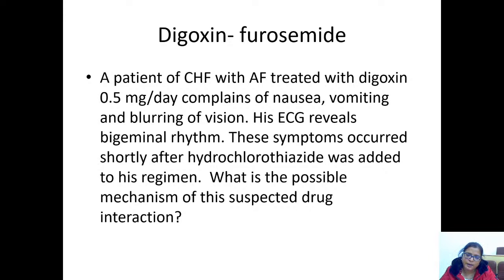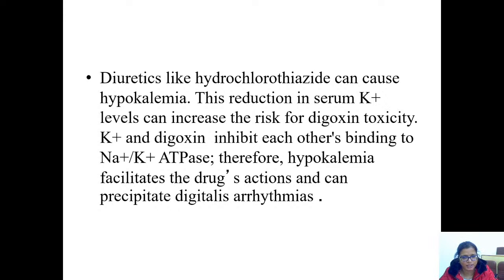So this patient has congestive cardiac failure along with atrial fibrillation, for which he was being given digoxin 0.5 milligram per day. Then we added hydrochlorothiazide. After that his ECG reveals bigeminal rhythm, and he also complains of nausea, vomiting and blurring of vision.